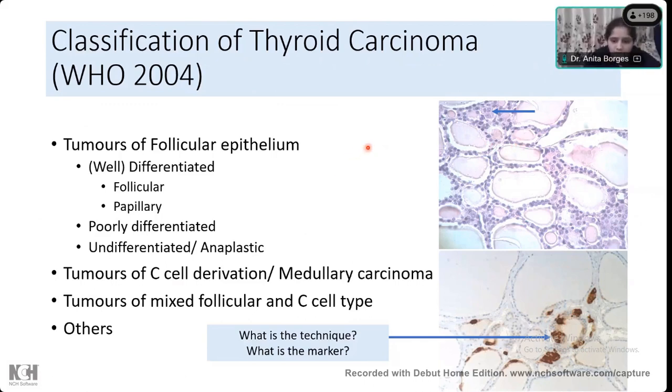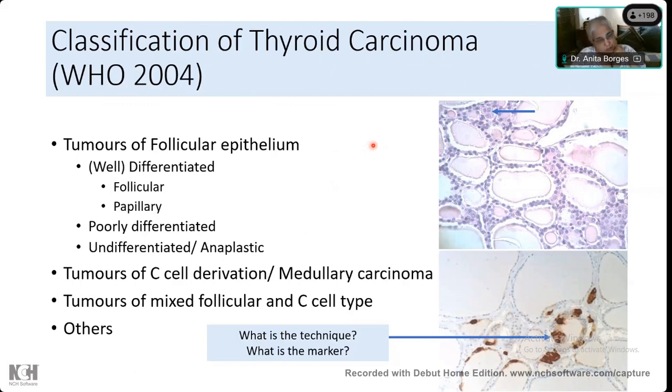And calcitonin is what kind of marker? Swati, are you there? Swati is also gone. Okay. Let's ask Mukesh. Synaptophysin and chromogranin, according to Mukta, are cytoplasmic markers, and she is not telling me what calcitonin is.